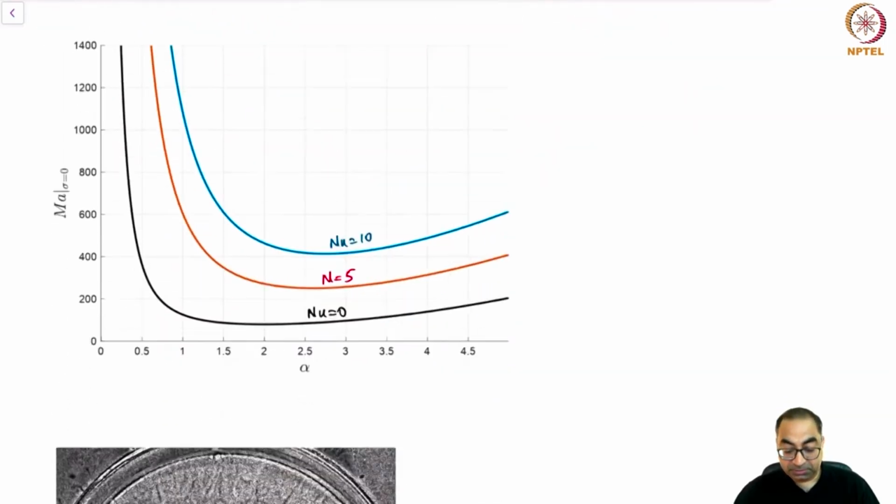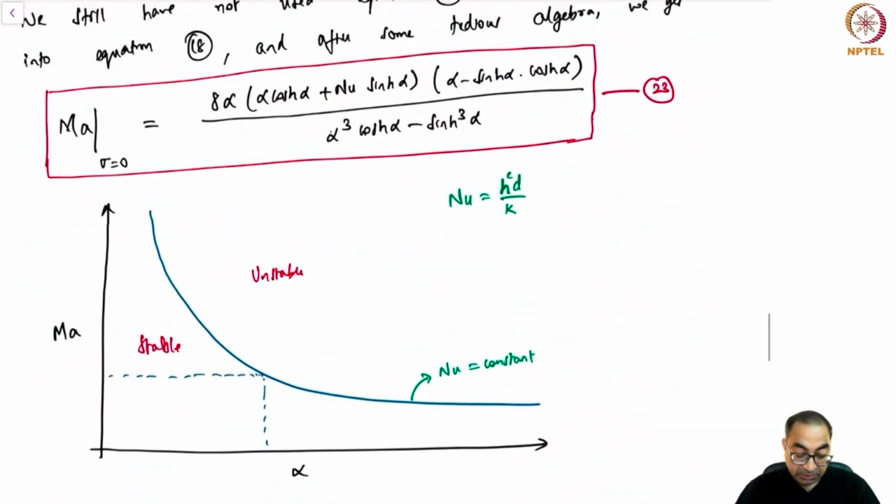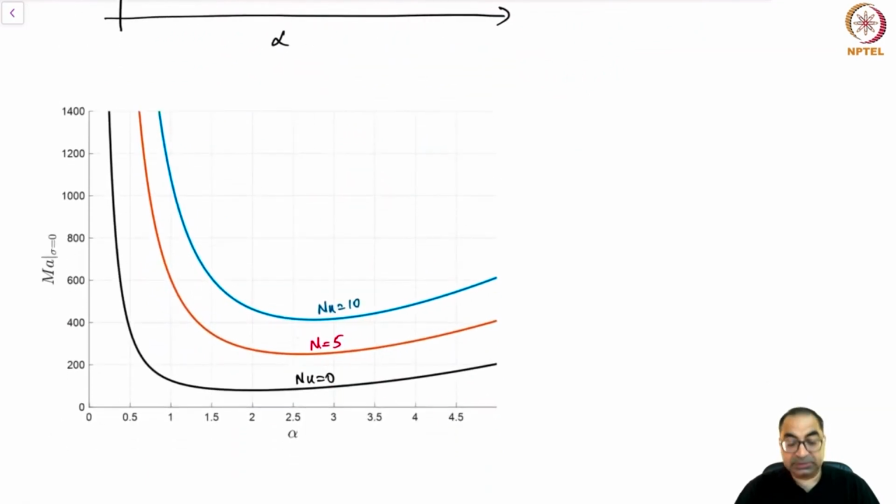Here's an actual calculation directly obtained from the equation that we showed above. The plot of equation 23, the Marangoni number versus Nusselt number, and as expected, as you increase the Nusselt number, the stability curve moves further and further up, and the region of stability starts shrinking.